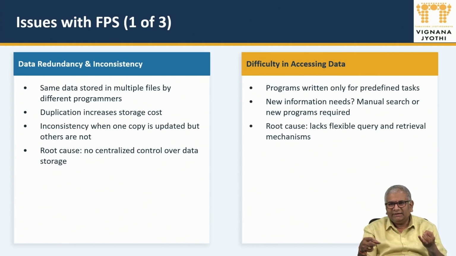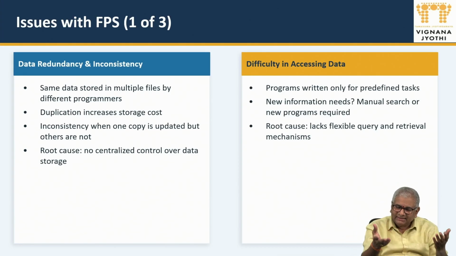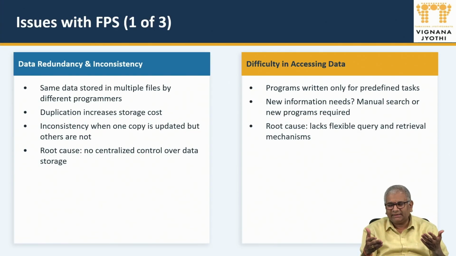The second problem is difficulty in accessing data. Like I said, an easy example: management wants to know ranks 1 to 100 today, 1 to 500 today. Tomorrow they say they want all the people who are NRIs, right? Then again you have to write another program. So, difficulty in accessing data: programs are written only for predefined tasks.